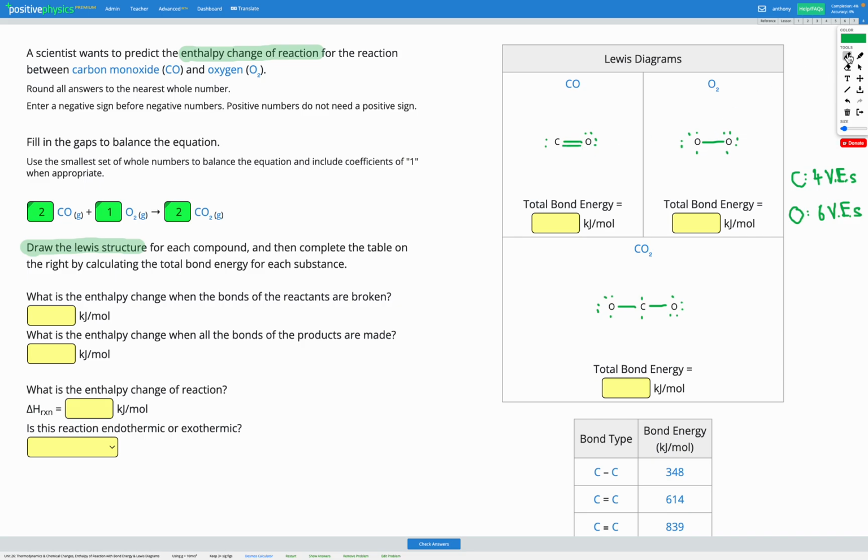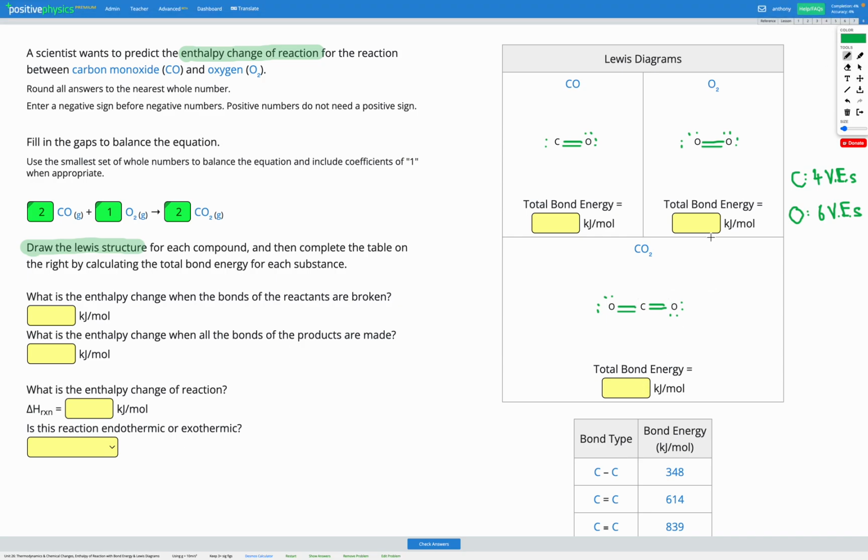We'll do the same thing here, and here, and here.